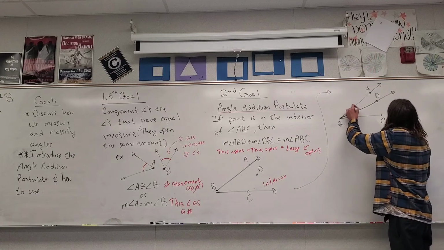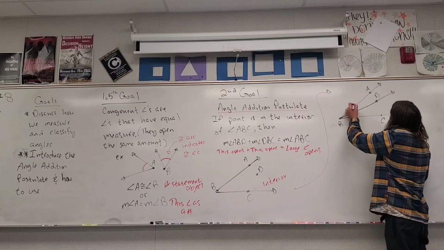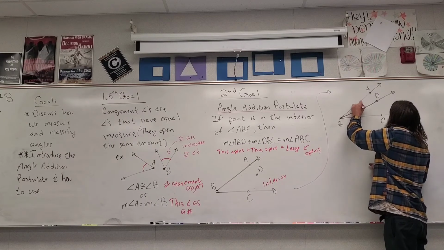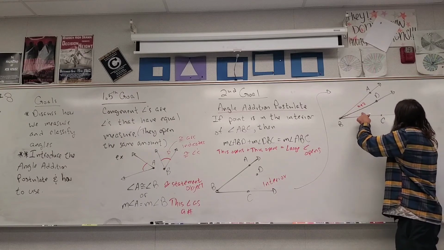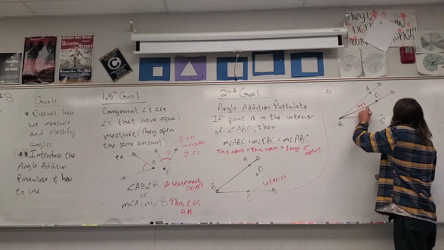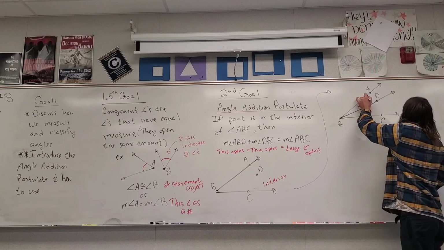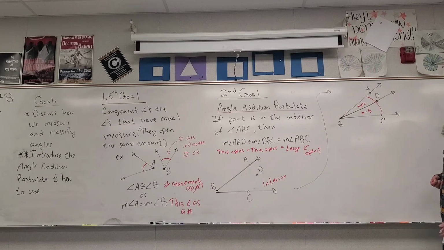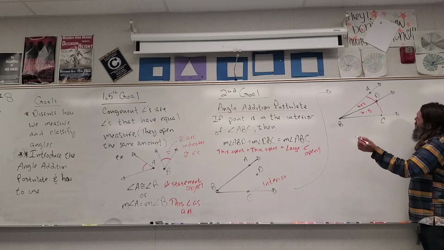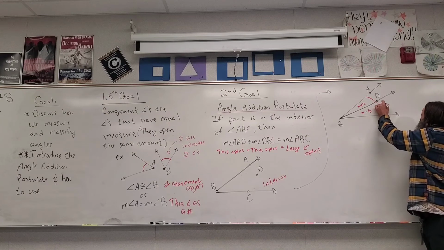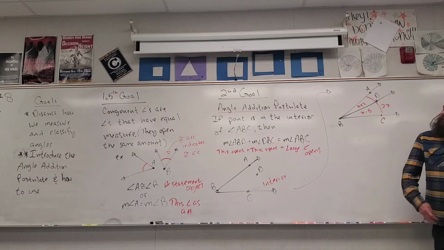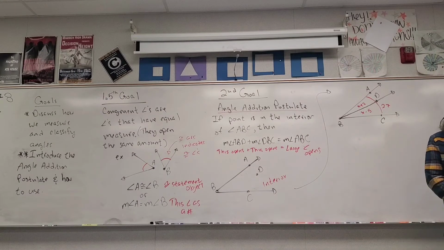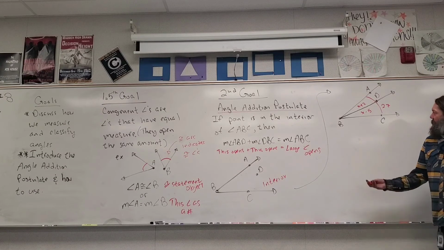Maybe this small angle is, I don't know, x plus 2, and maybe the other small angle is x minus 5, and then we know that the large angle, and they'll put a mark like this, they'll say that this is equal to, oh, I don't know, 27. I'm making up a number, I don't know exactly if this will work out to be nice numbers.